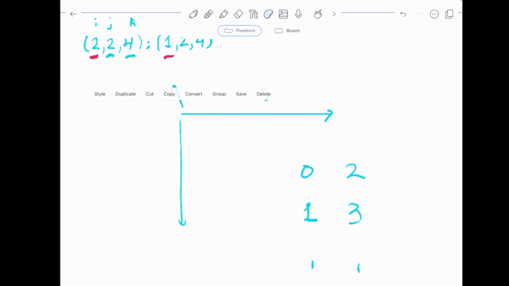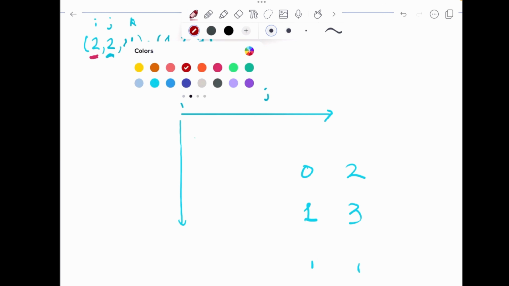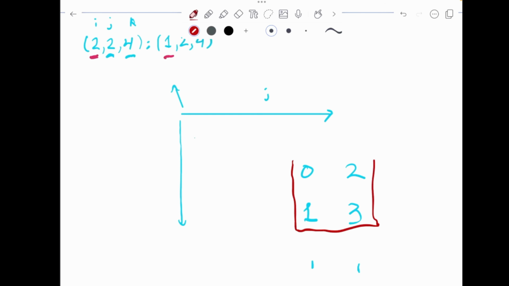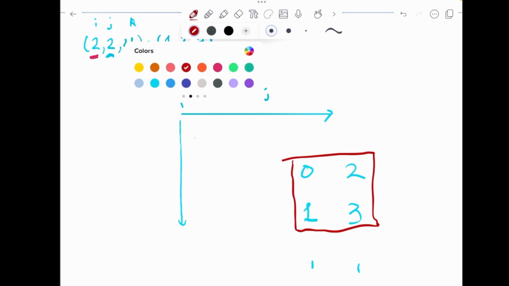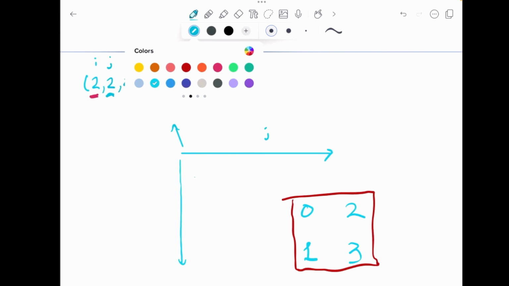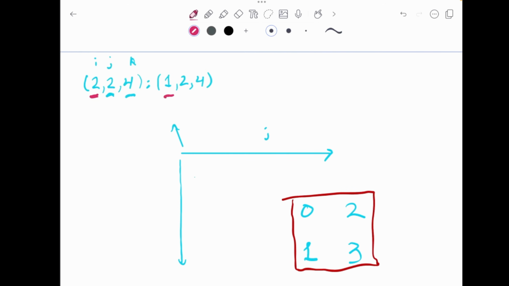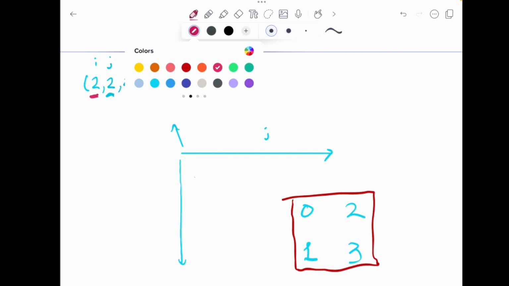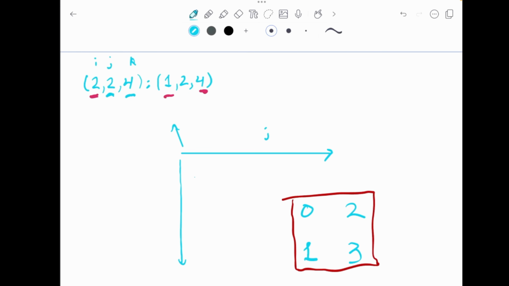Okay, so I'm going to circle the elements in the k direction. So here's the first one. Okay, and then they're all strided by 4. So I'm going to have to increment them all by 4. So 0, 1, 2, 3 becomes 4, 5, 6, 7.